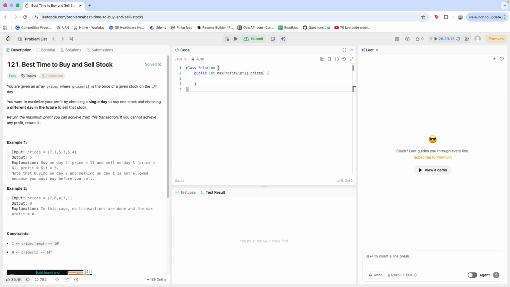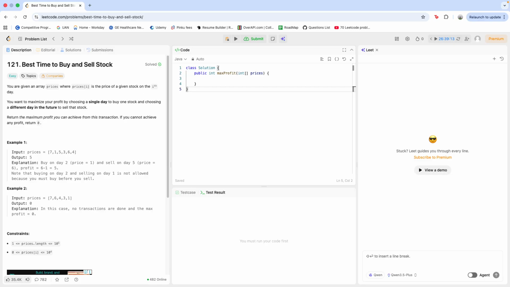So let's see how we can optimize this. We need to maximize profit, which is selling price minus buying price. To maximize profit, we want the minimum buying price and the maximum selling price after that. So instead of checking all the pairs, we track the minimum price seen so far and the maximum profit seen so far.